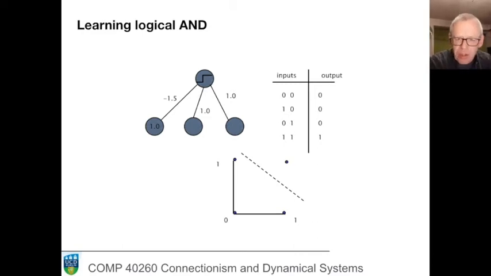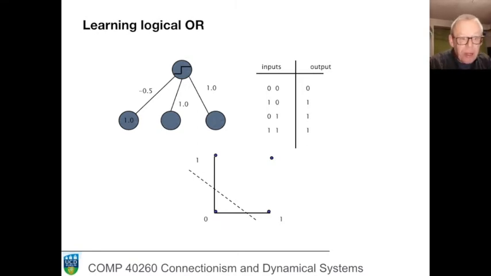And we can understand what this network is doing by seeing it as partitioning the input space such that if the summed input, including the bias, exceeds the threshold, we're on one side of a line, one side of a category boundary, and if it doesn't, we're on the other side of that boundary. So any combination of inputs that lies above that dashed line will produce a 1 at the output. Any combination of inputs that lies below that dashed line will produce a 0. Very simple and easy to solve.